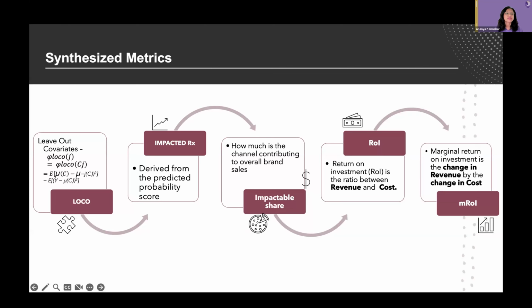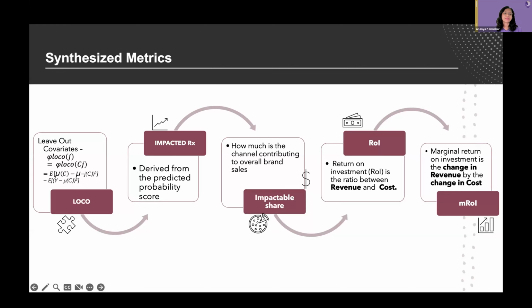So LOCO measures the difference in predictions between the full model and the model excluding a specific covariate, channel XYZ. Below we also present the formula which we use in the LOCO mechanism to quantify the importance of a covariate. Essentially, in causal inference frameworks like MMMs, LOCO helps validate whether the observed effect is genuinely attributable to the covariate or was influenced by confounding factors.